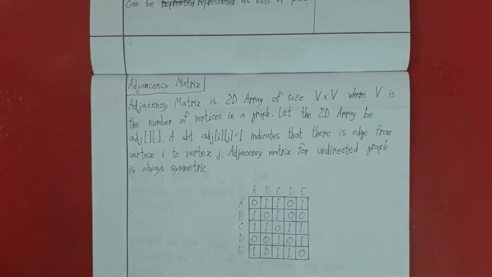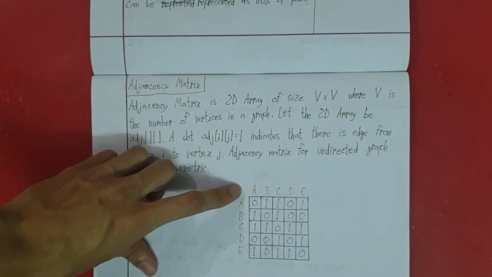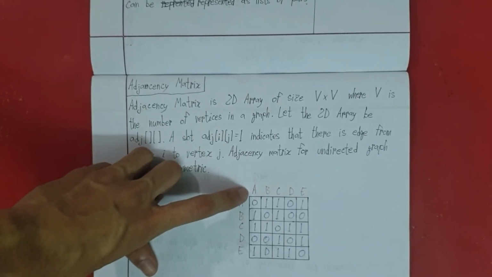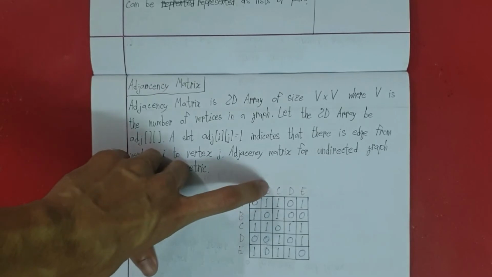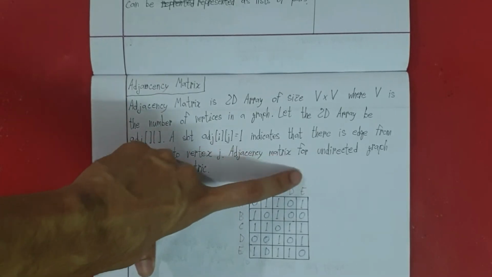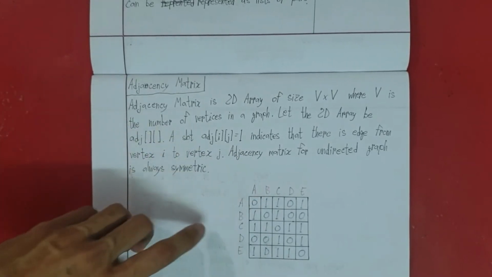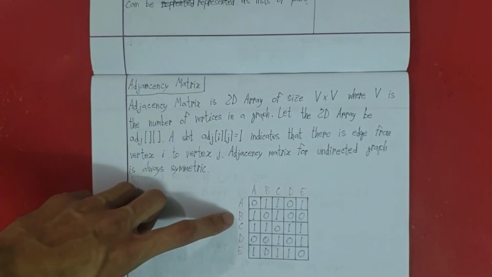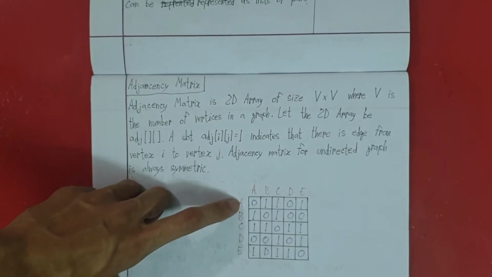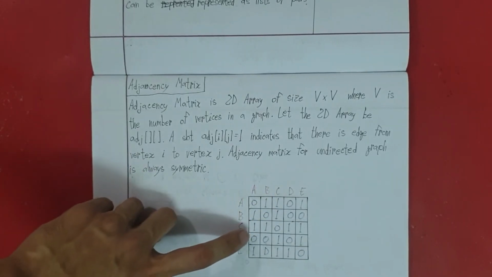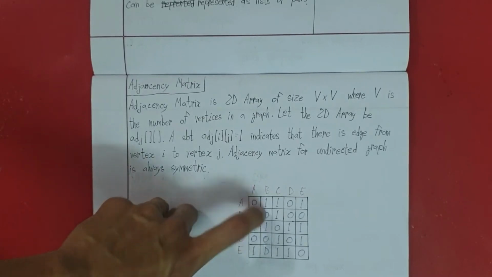Here we can see that vertex A doesn't have any edge connecting it with itself, but it has edges connecting it with the vertices B, C, and E, and it doesn't have any connection with the vertex D. Then we move to the vertex B. It has edges connecting it with the vertices A and C, and doesn't have any connection with the vertices B, D and E, and so on.